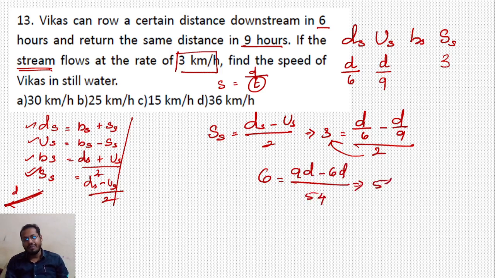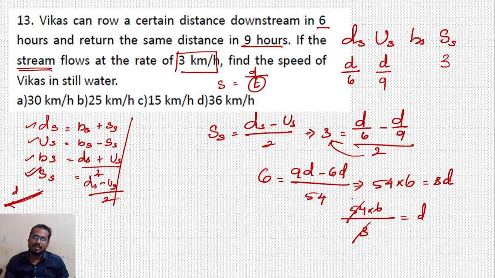So 54 times 6 is equal to 3d. Cancel this, 1 time and remaining 2 times 8. 8 into 16 is 108. 108 kilometer is the distance.